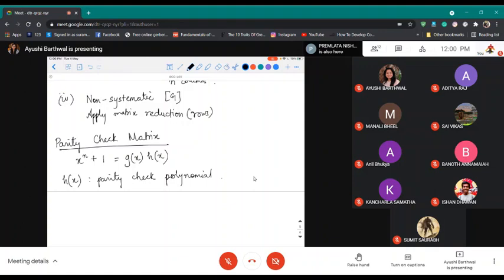Since the order of g(x) is n minus k, and the order of the final polynomial x raised to n is n, the order of h(x) would be k.